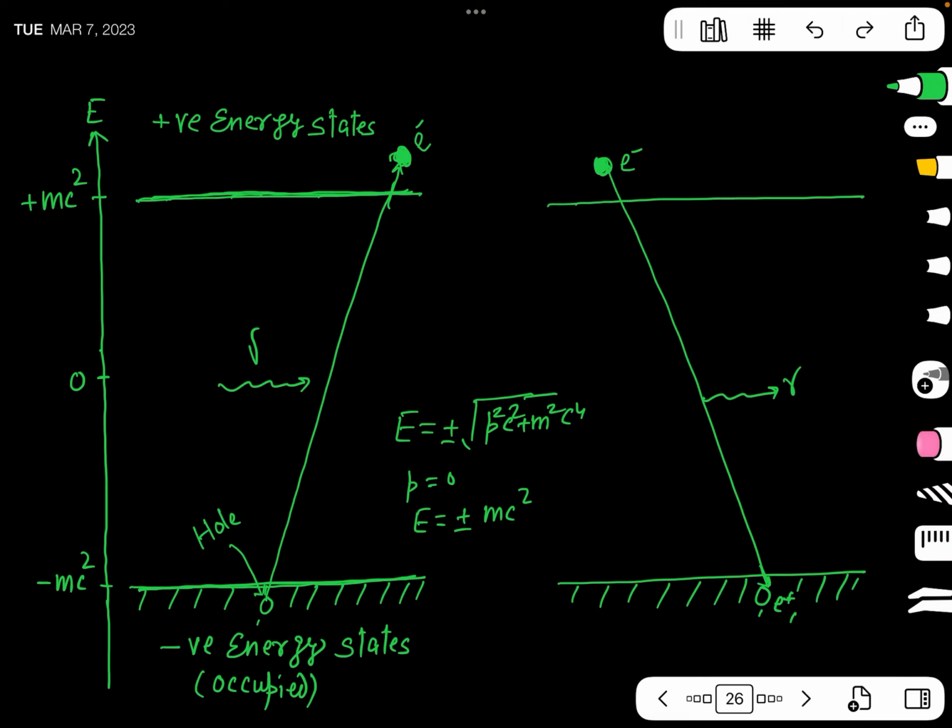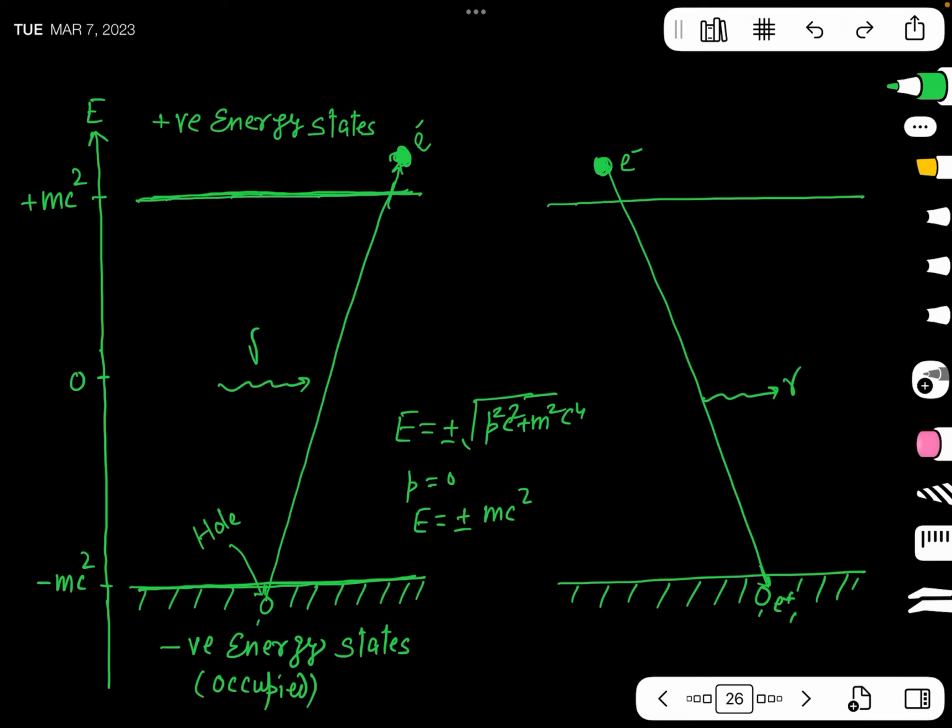In fact, one of the negative energy electrons in the vacuum can absorb the gamma photon, and after absorbing the energy hν, which is greater than 2mc², the electron in the negative energy state may jump to the positive energy state.